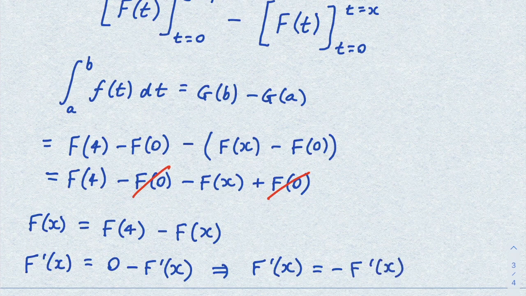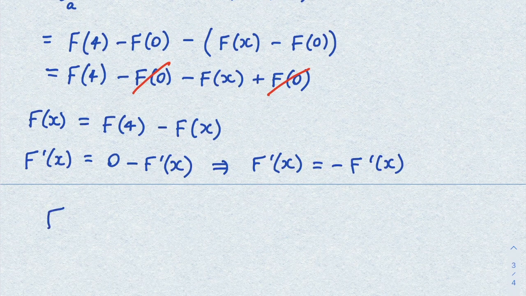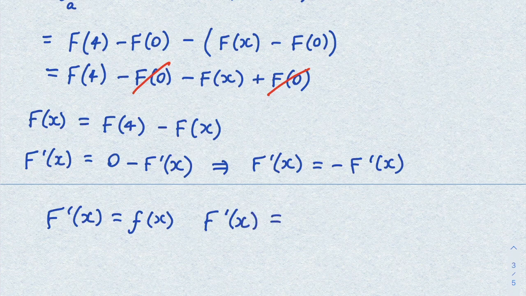But now what we can do is, because we've been applying the fundamental theorems of calculus to the right-hand side of this equation, we know that uppercase F dash x is equal to lowercase f of x by the fundamental theorem of calculus part 1. So this means that uppercase F dash x is equal to minus lowercase f of x.